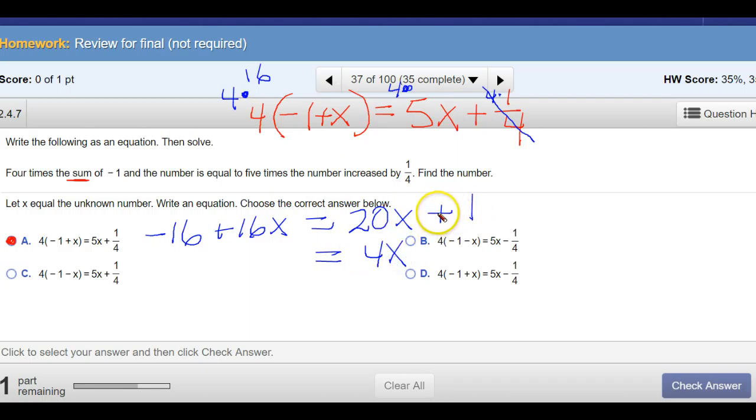I'm going to transpose this to this side. This becomes a negative 17 on that side. So this here is a positive 1. On this side it becomes a negative. So negative 17 equals that. So our answer then, x, we're going to divide both sides, is negative 17/4.